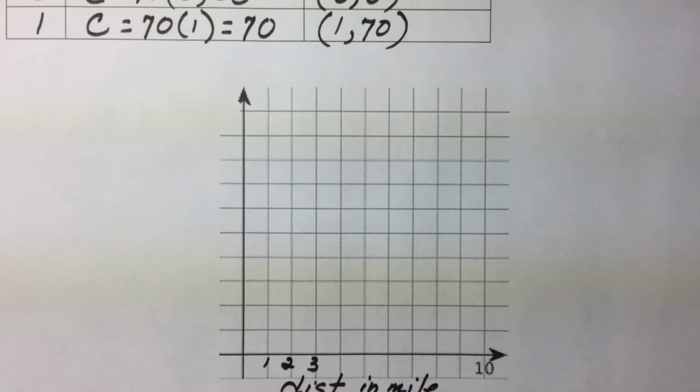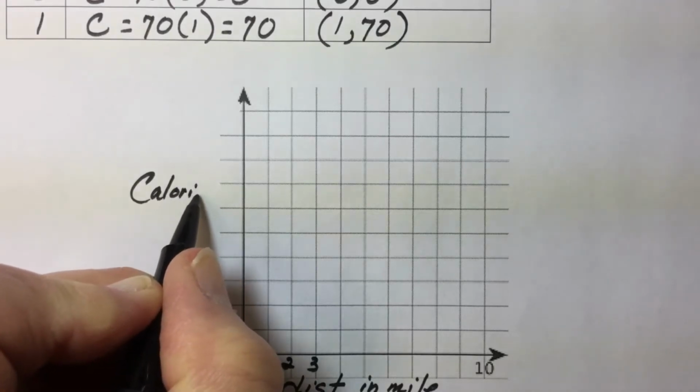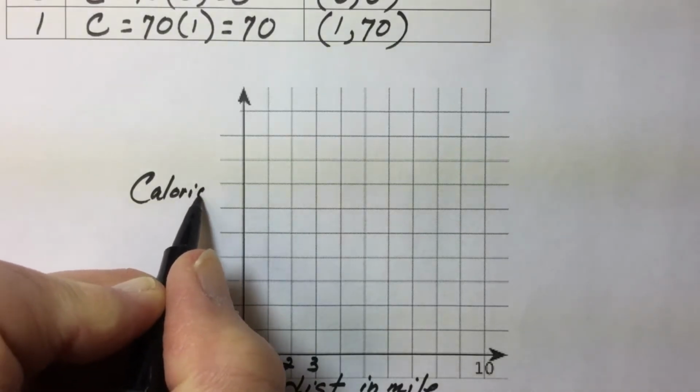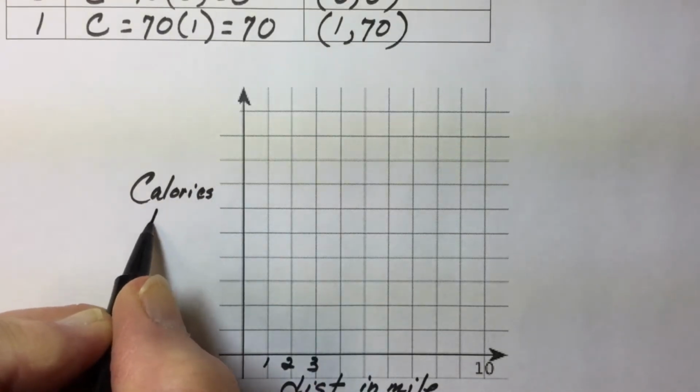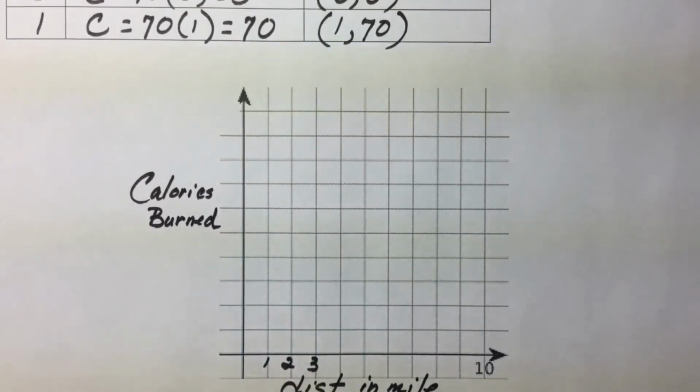And then we're going to graph calories on the vertical axis. And we will use a different scale because 70 is going to be off very quickly.